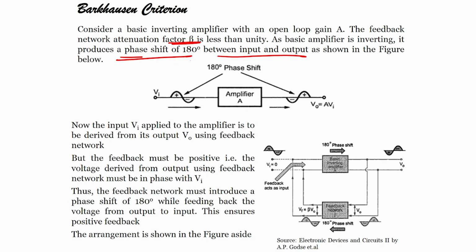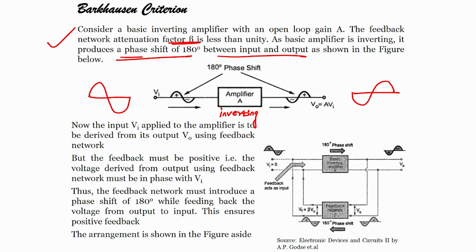One thing we have seen: if I apply an input signal and I consider my amplifier to be inverting, then my output signal would be 180 degrees out of phase with respect to the input, right. This is what is written in the first sentence. This is easy to understand.